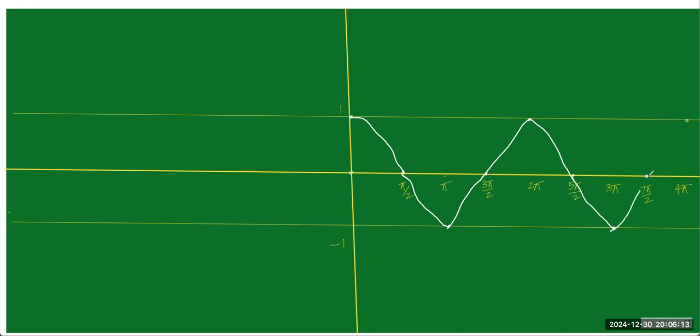Then 7 pi by 2. Then here. So you can see after this point, again the curve will be changing its nature. Look at this point. After 2 pi, again the curve will be the same.